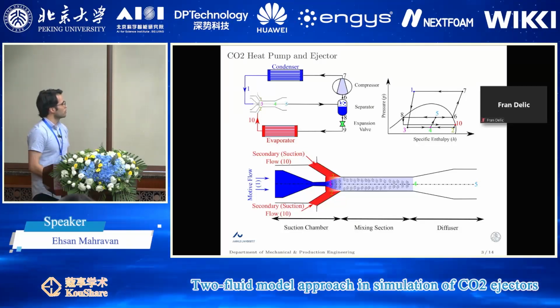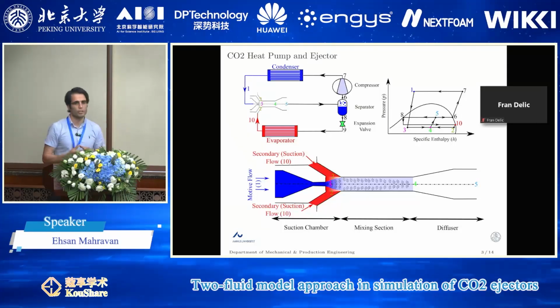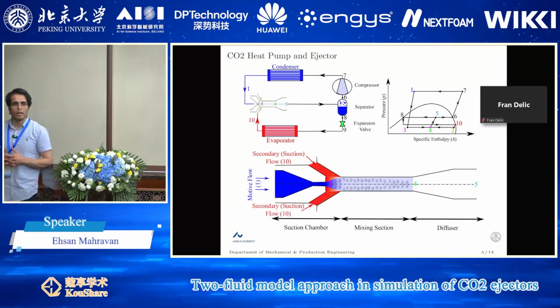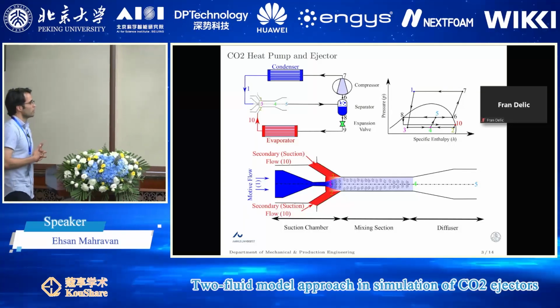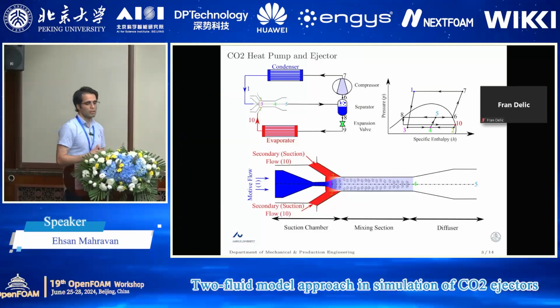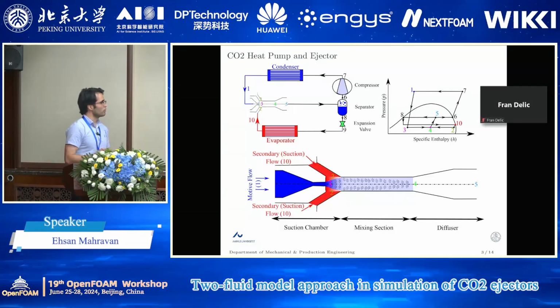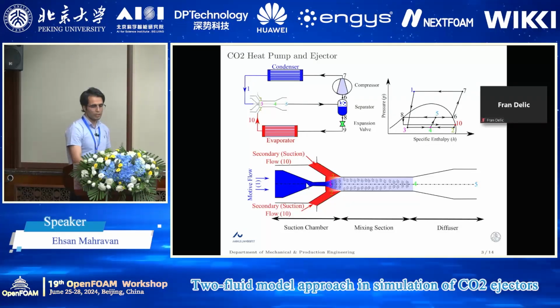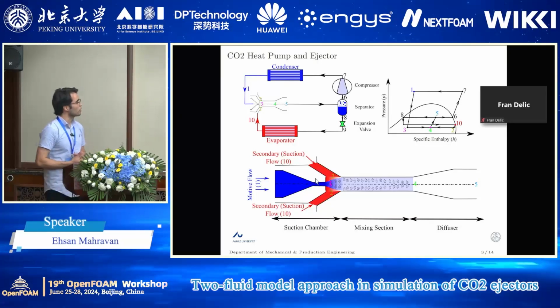So what happens in the ejector is that the flow goes through a converging nozzle, and in this nozzle the pressure drops, and the flow is accelerated to the speed of sound at the throat, where it experiences choking.